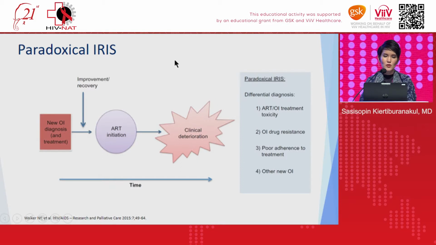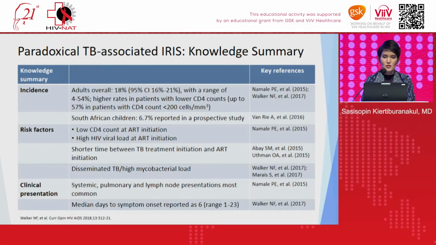In this setting, we call it paradoxical IRIS, but you have to differentiate it from other causes such as ART or OI treatment toxicity, OI drug resistance, poor adherence of the patient, and also other OIs, but not the same OI that the patient has. This is a brief summary of the knowledge of paradoxical TB-associated IRIS.